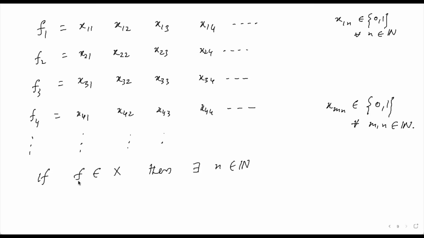Basically, if f belongs to X, then there exists some n in the set of all naturals such that f equals fn.